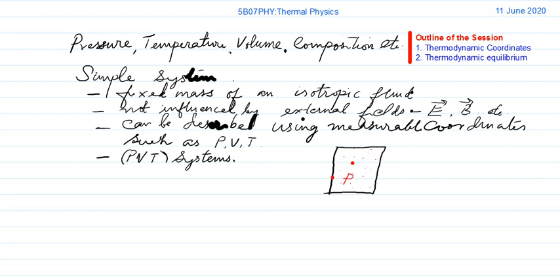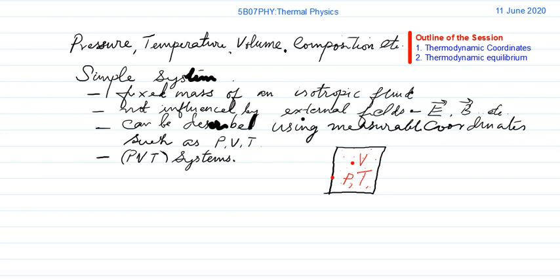The pressure is nothing but the average force that is exerted on the walls of the container due to molecular collisions. Then the gas will have a particular value of temperature, and certainly this gas has a volume which is nothing but the volume of the container. So such a simple system can be regarded as a PVT system.